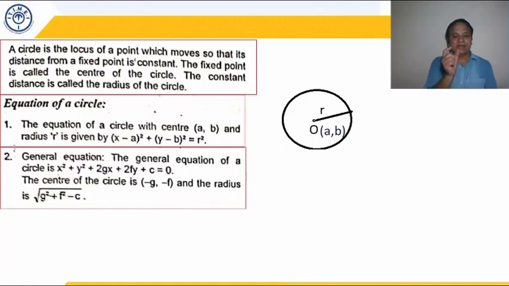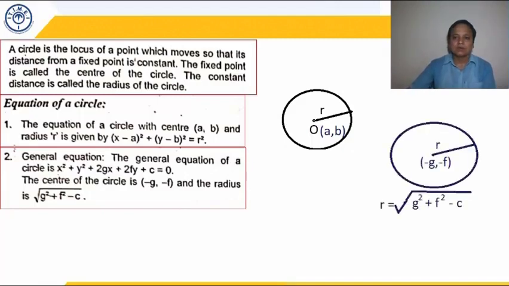Please remember, in general form, when the x square and y square coefficients are 1, the center coordinates are minus g, minus f, and the radius is the square root of g square plus f square minus c. Center is minus g, minus f, radius is r, and r is under root of g square plus f square minus c.